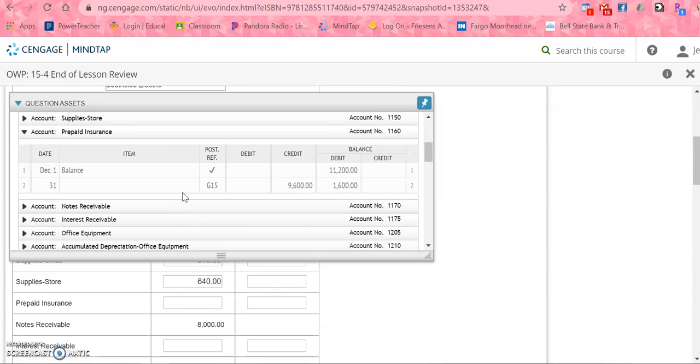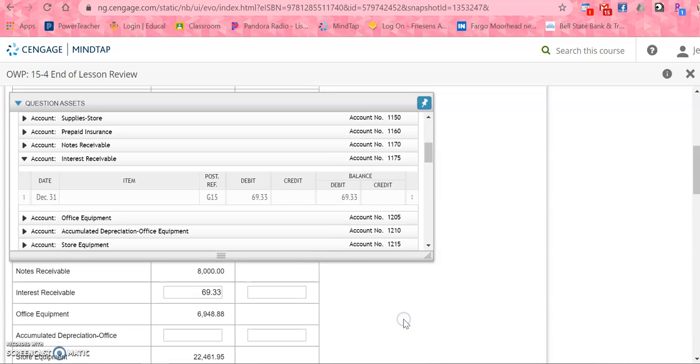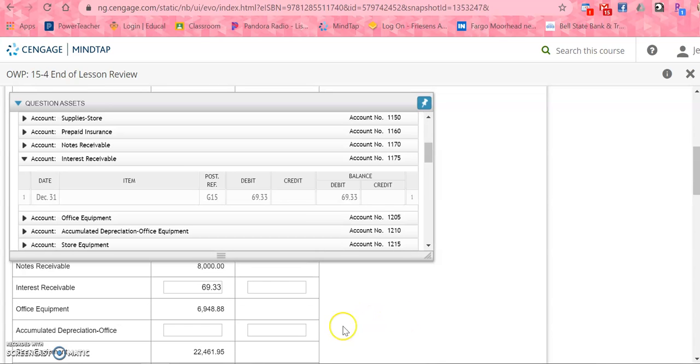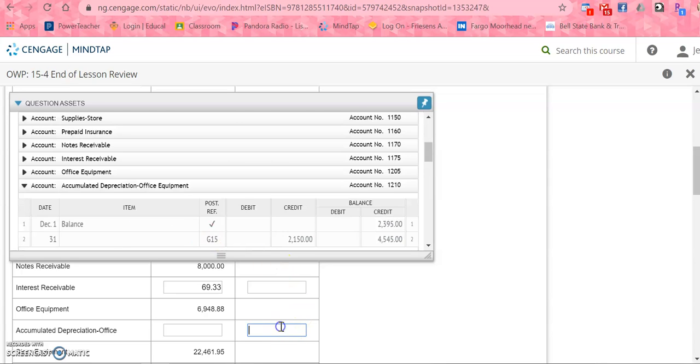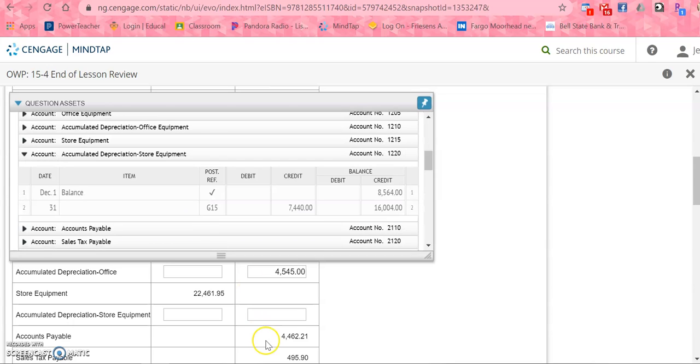Prepaid insurance, debit of $1,600. Interest receivable, a debit of $69.33. Accumulated depreciation office equipment, a credit of $4,545. Accumulated depreciation store equipment, a credit of $16,004.